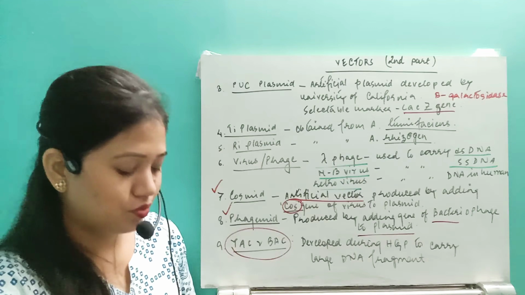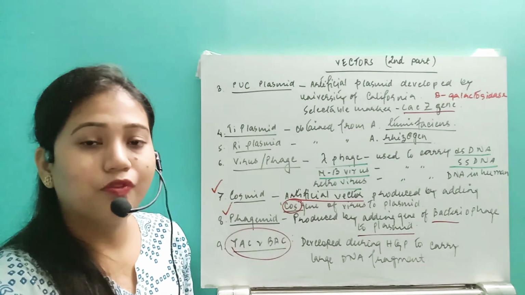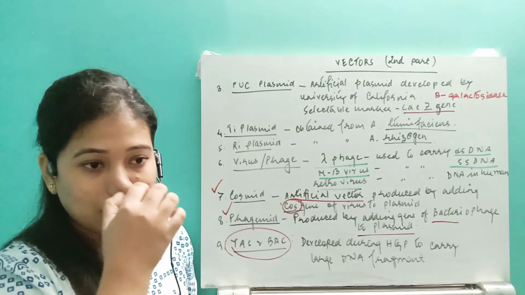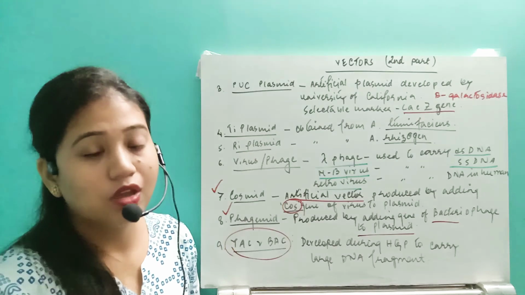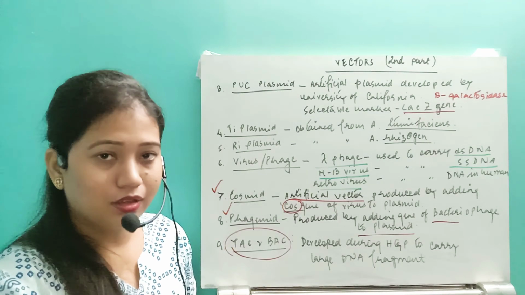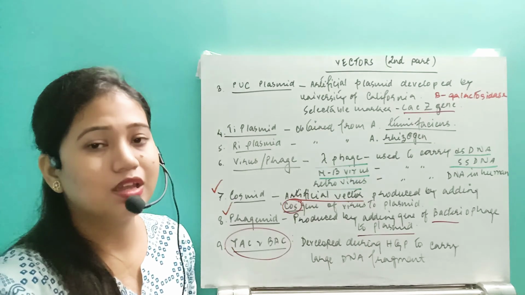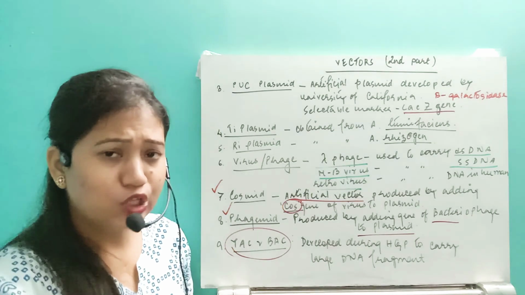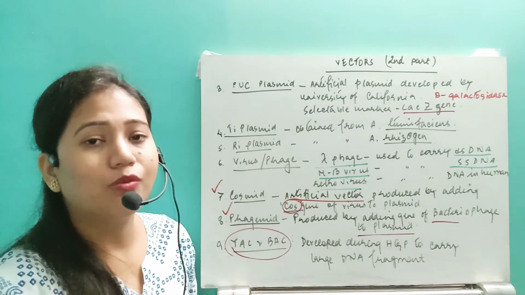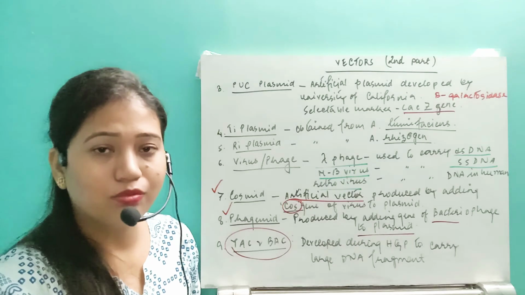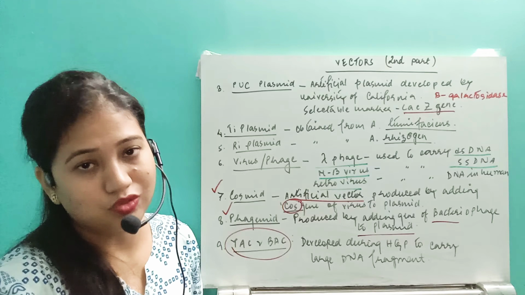So these two vectors were developed, formed artificially, in the Human Genome Project in the US. In the Human Genome Project, carried out by the US, they found out how many genes are present in our body, in each cell. We have around 30,000 genes.